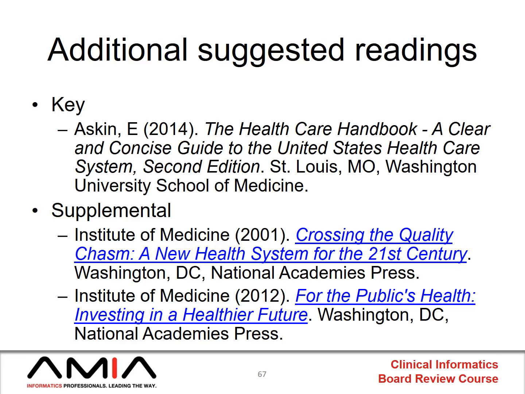This provides a basic overview of the U.S. healthcare system. For more supplemental readings, there are all of the various IOM reports, although clearly the Crossing the Quality Chasm report set forth the quality agenda, and there's also a report from the Institute of Medicine on public health.